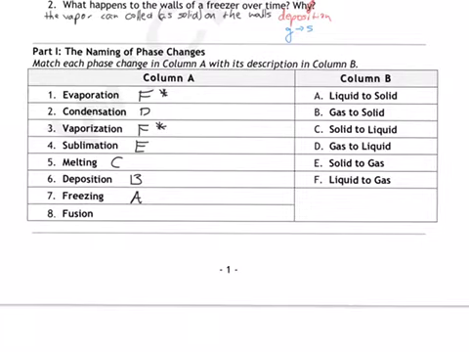So I'm going to say it's either A or C. And in both cases, we've already used A and C, so I'm just going to point out that you can use fusion interchangeably with melting or freezing.